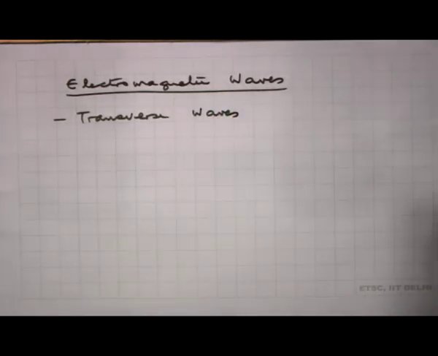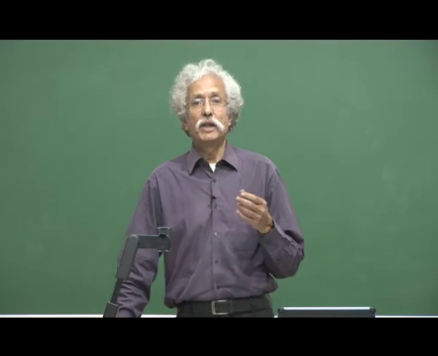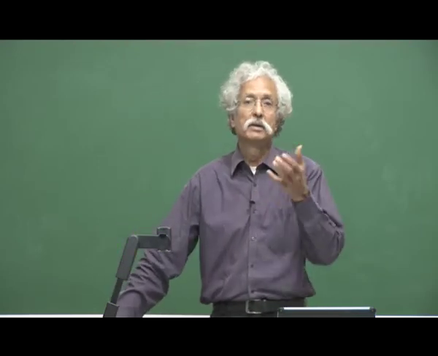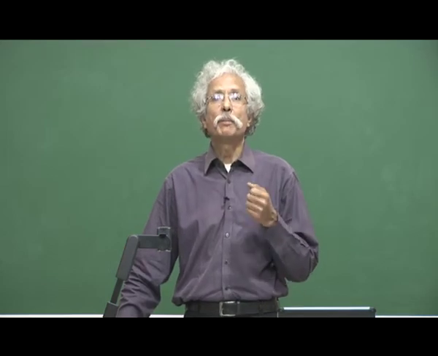Now, unlike waves on a string, which requires a string for propagation of the wave, or sound waves where you need gas or some kind of a medium in which to propagate, electromagnetic waves can propagate in free space.